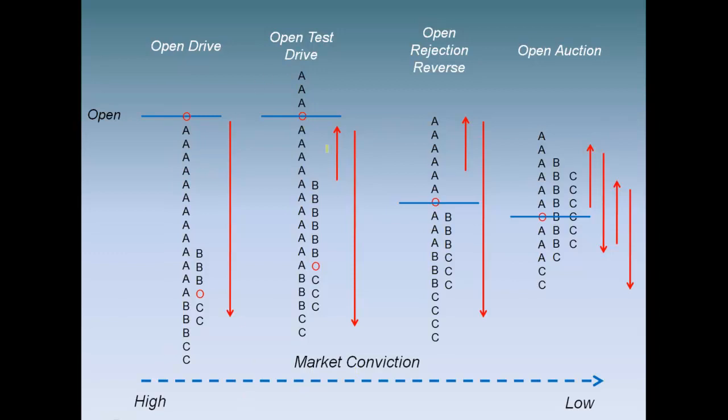The first 2 that we talked about have high market conviction because they're directional in nature. In this case, the direction happened to be to the downside, but the open drive and the open test drive are looking at directional types of markets. And they basically tell us which direction the market wants to move in.